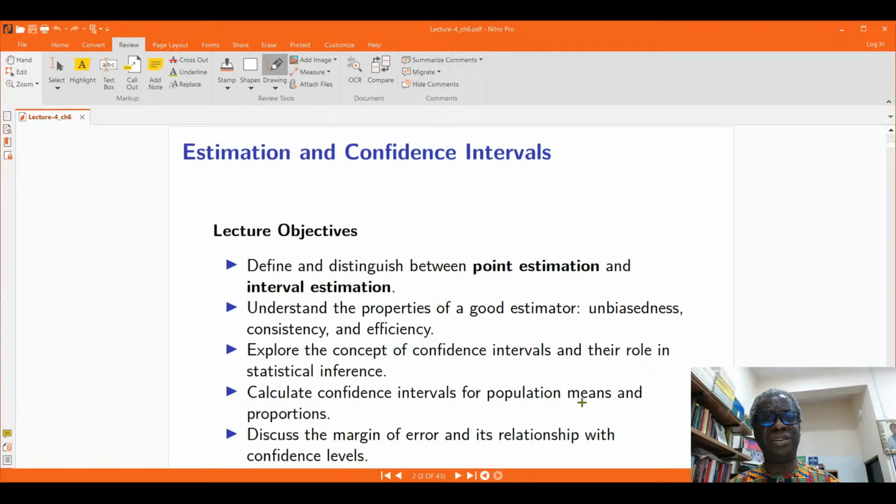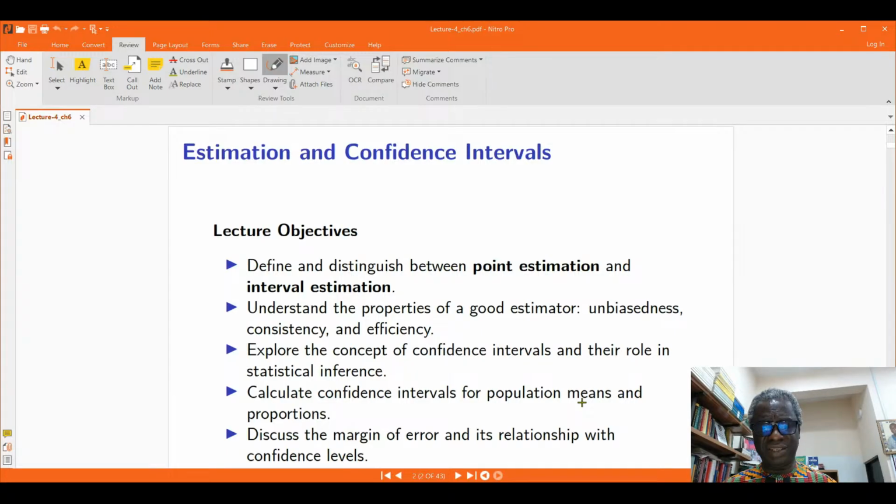So the objectives for this lecture are listed as you see on the screen. By the end of this lecture, I expect that you will understand the difference between point estimation and interval estimation.